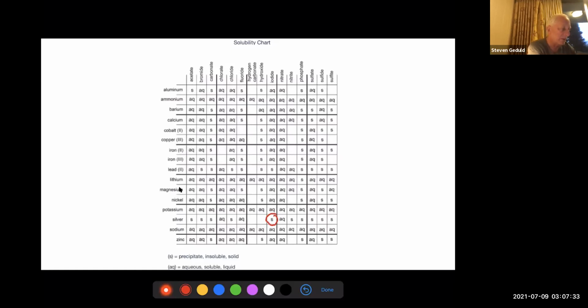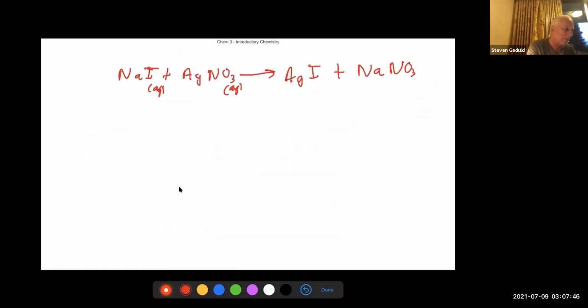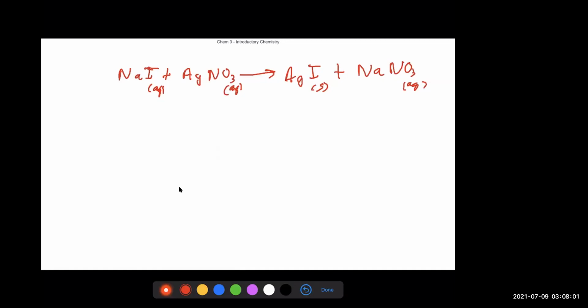Nitrate is going to be aqueous, and silver iodide is going to be solid. Now, is it balanced? Yes, it's balanced. That's the answer.